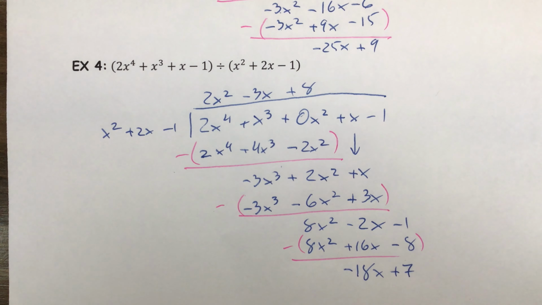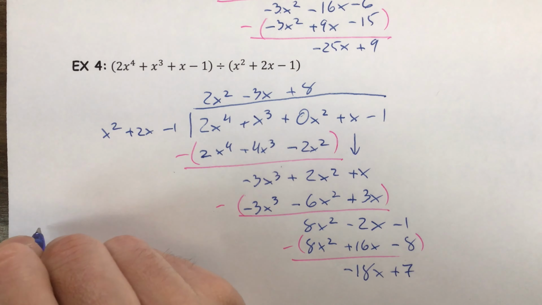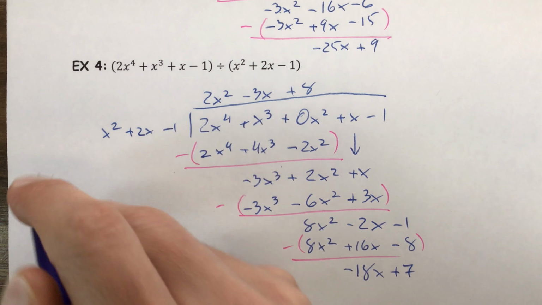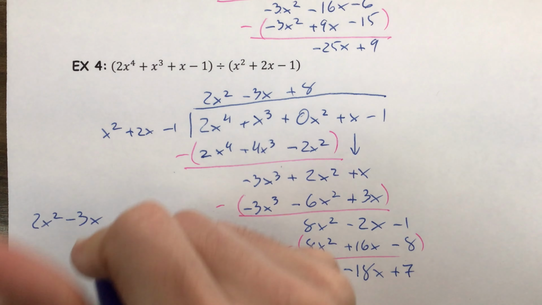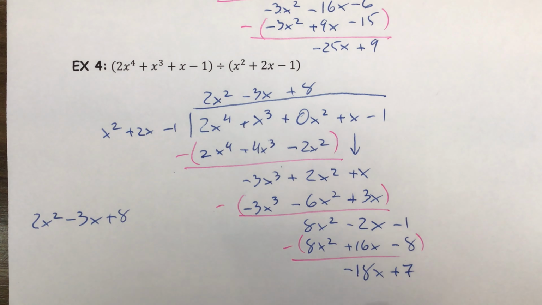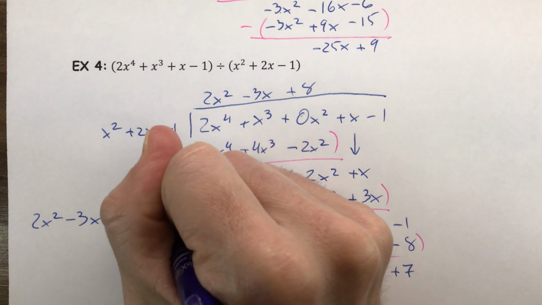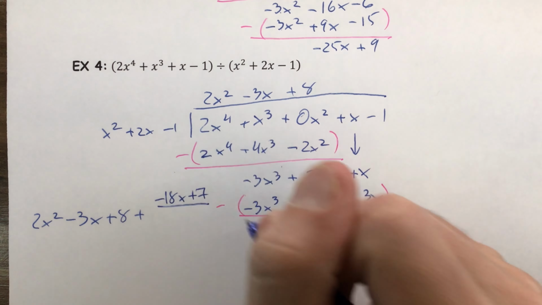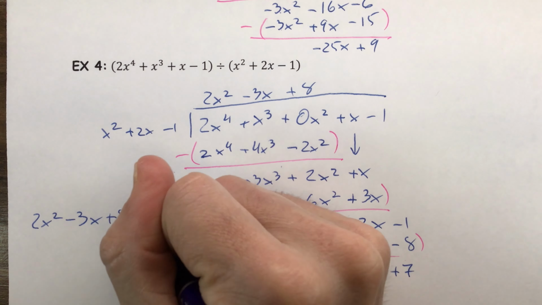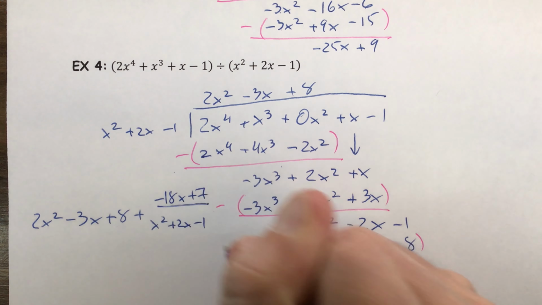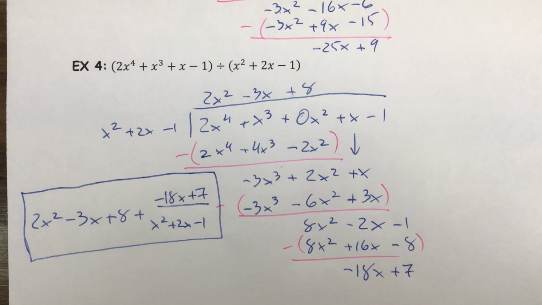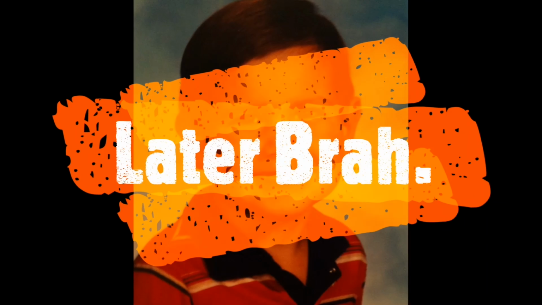And the overall answer, I think I'll have to write it over here where I got space, is going to be 2x squared minus 3x plus 8 plus negative 18x plus 7 over the divisor. And I barely got that to fit in there, but that's the answer.